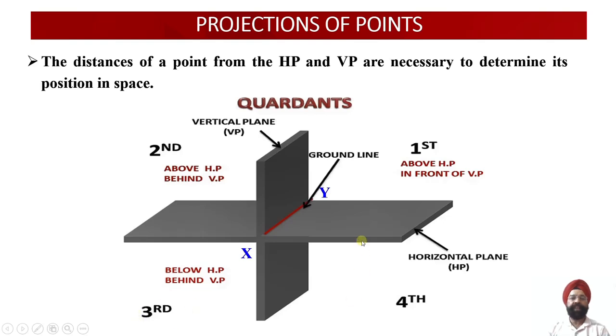Similarly, if the point lies below HP and in front of VP, it will lie in quadrant number 4. Once we know the coordinates of the point, that is the distances of the point from the horizontal plane and the vertical plane, we can work out in which quadrant the point lies.